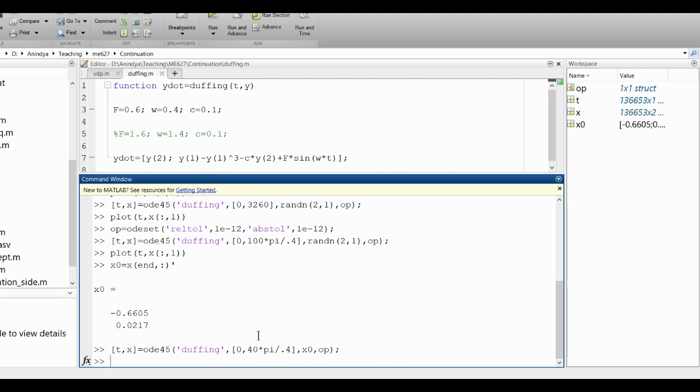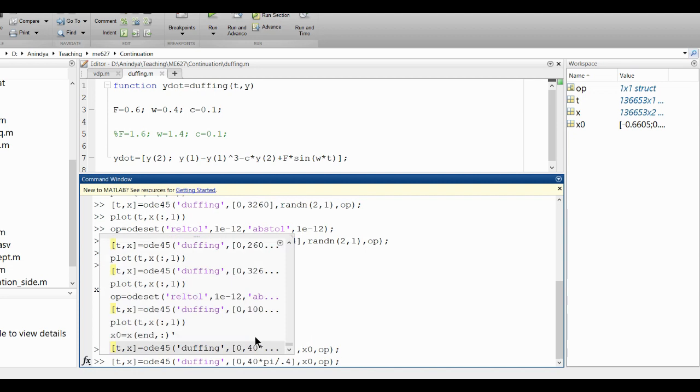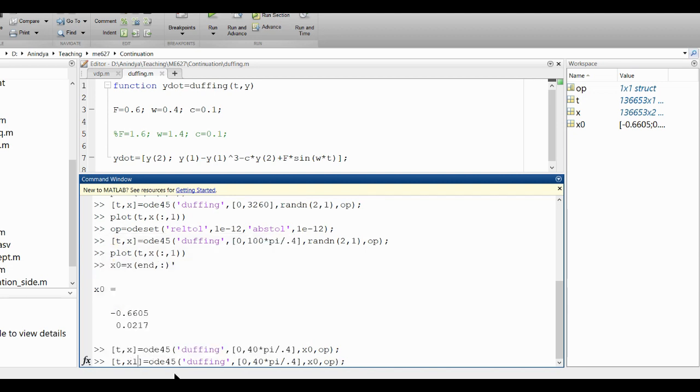And let me take another solution where I solve it with an initial condition which is x0 plus 10 to the power minus 14 times some random. So very, very small difference in the initial condition. Okay, so let me solve that one. So one was x and one was x1.